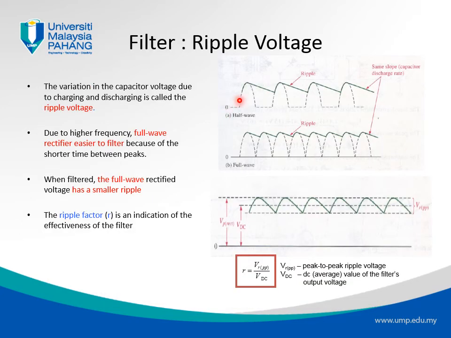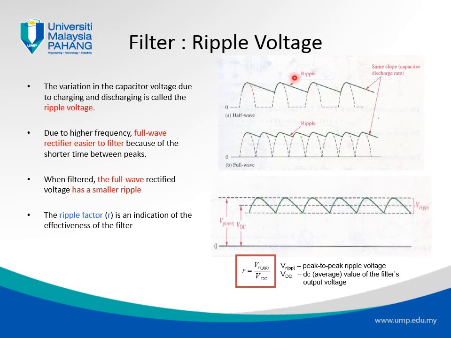So now we have the charging and discharging of the capacitor that tries to filter the waveform. Here we have the half wave, at the bottom we have the full wave. The capacitor filter tries to filter the fluctuation, so it gives a smoother waveform, right?